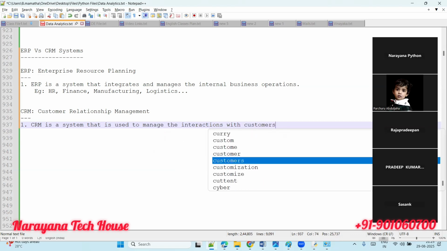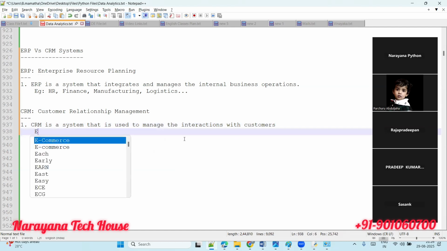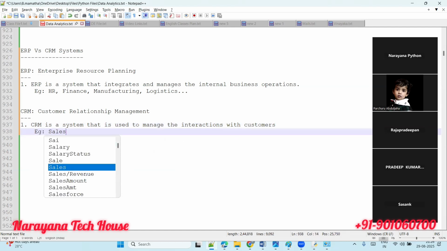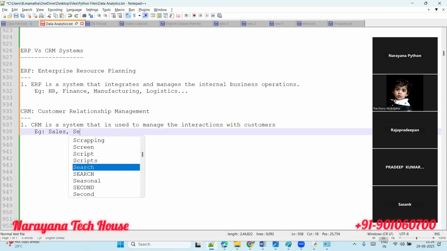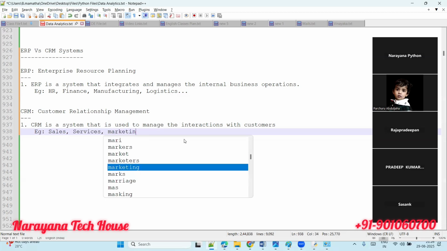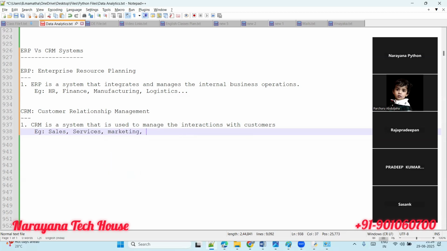What are the examples here? It maintains sales data, service data, marketing data, and complaints data.